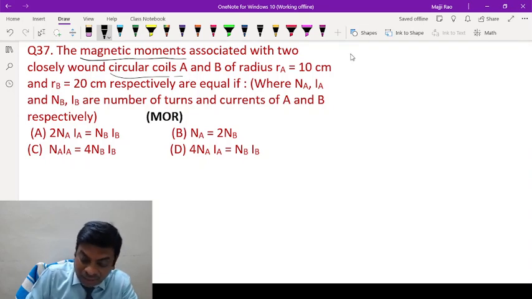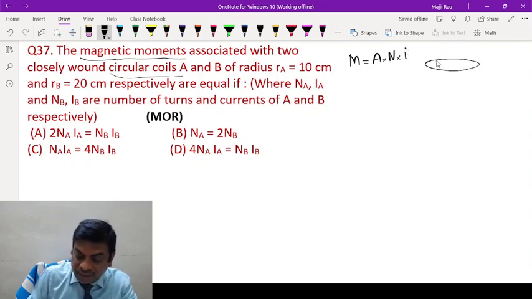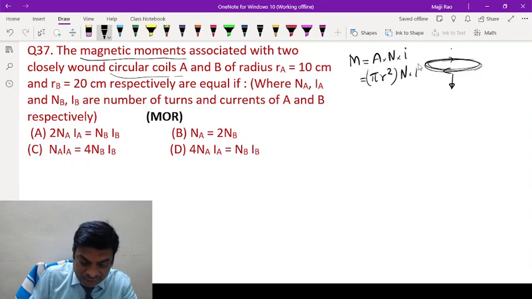In fact, for any planar coil, magnetic moment is given by A into N into I, where A is the area, N is the number of turns, and I is the current carried by it. Now since it is circular, I'll write this as pi r square into N into I.